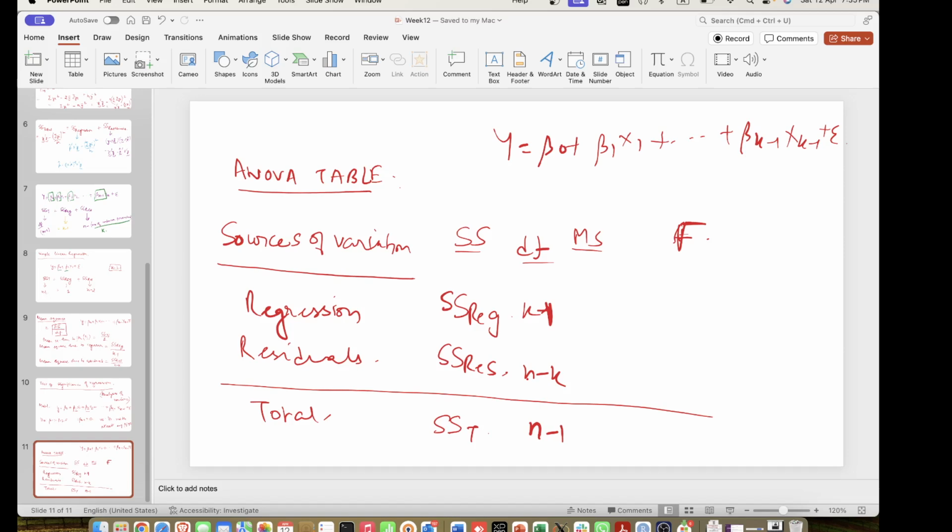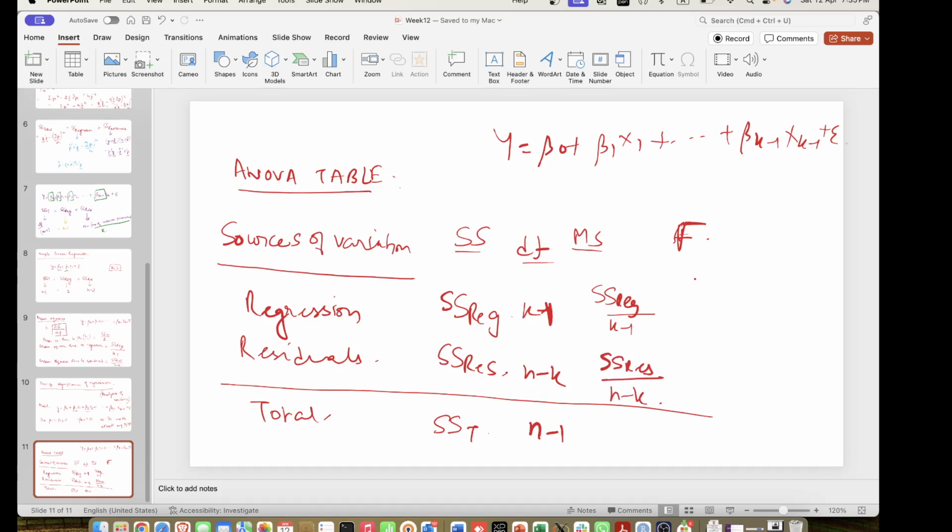Alright, and then we are going to calculate the corresponding MS. So MS due to regression would be SS regression by k minus 1, and MS due to residuals would be SS residuals divided by n minus k.